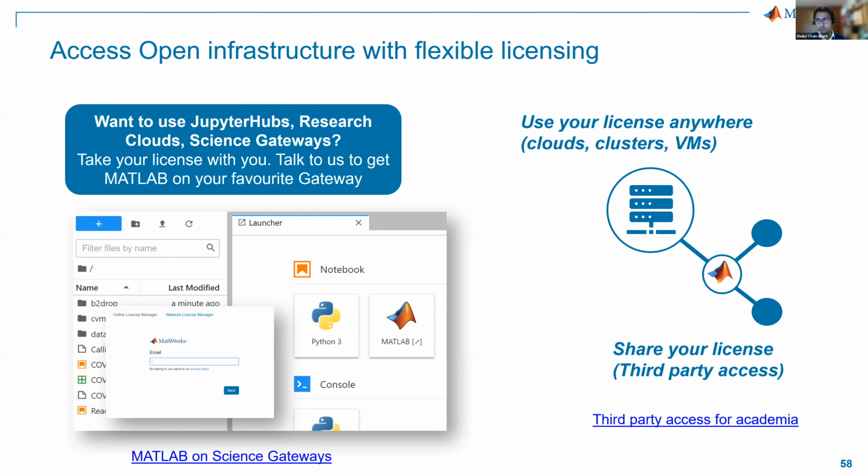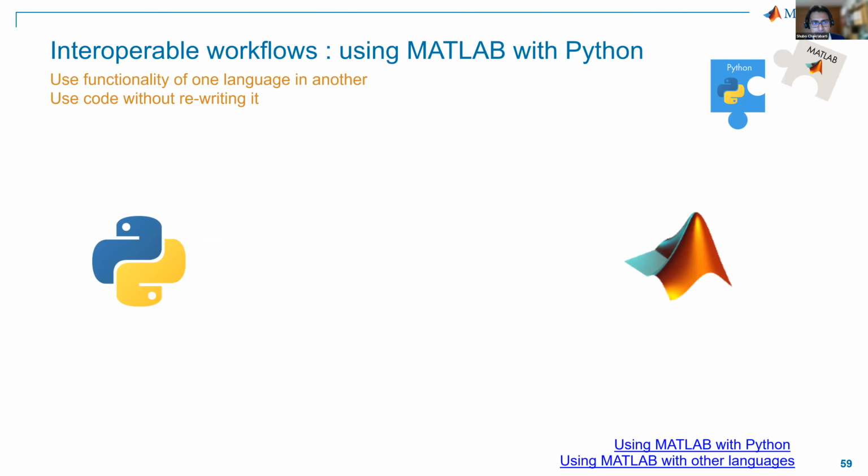So for example, if the University of Heidelberg has 3 researchers in 3 other corners of the world that they want to give access to their system, then those people can use the University of Heidelberg's license, and you don't have to talk to us because of that. This is something that is included in your software agreement with MathWorks. And we see the combination of those two opening up enabling sharing.